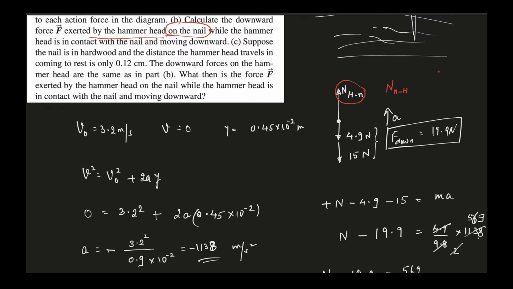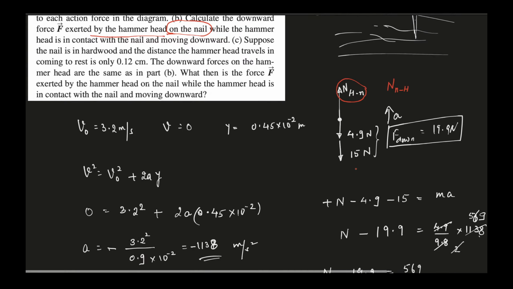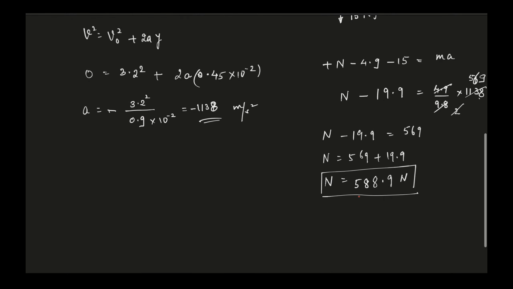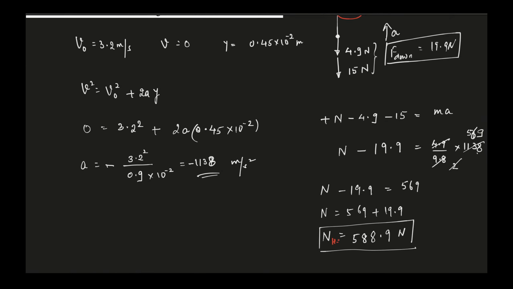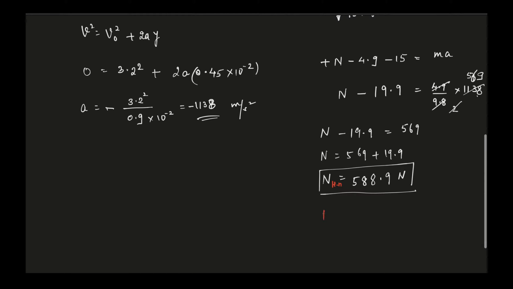Yes, sir. So the answer to the B part would be this much force. What we have calculated is N. So the answer to this part is N, which will be, you can say, minus 588.9 Newton. This is going to act downward on the nail.